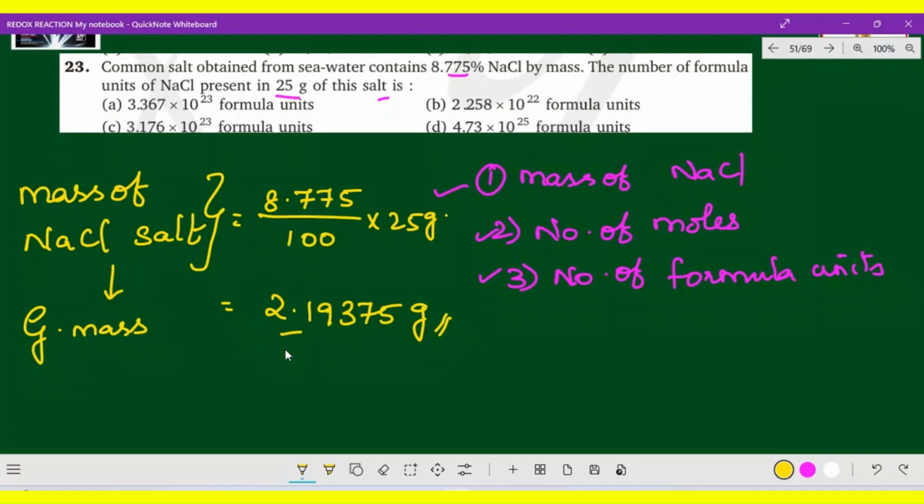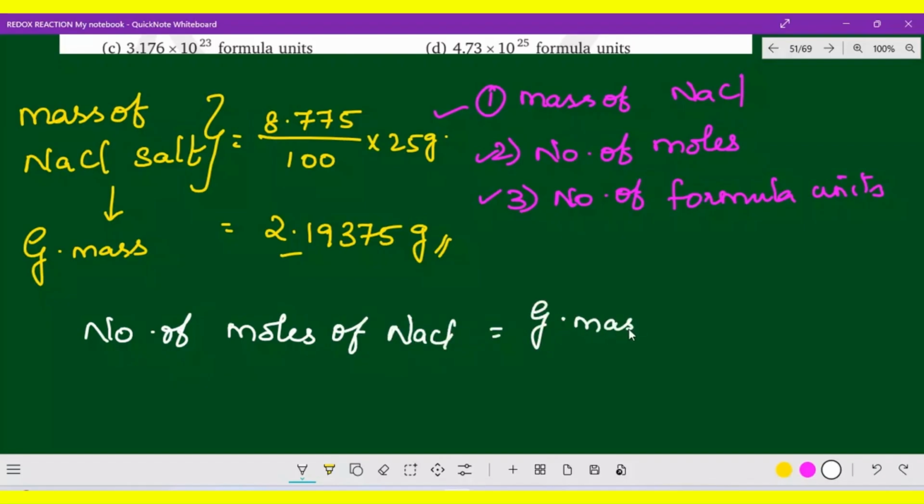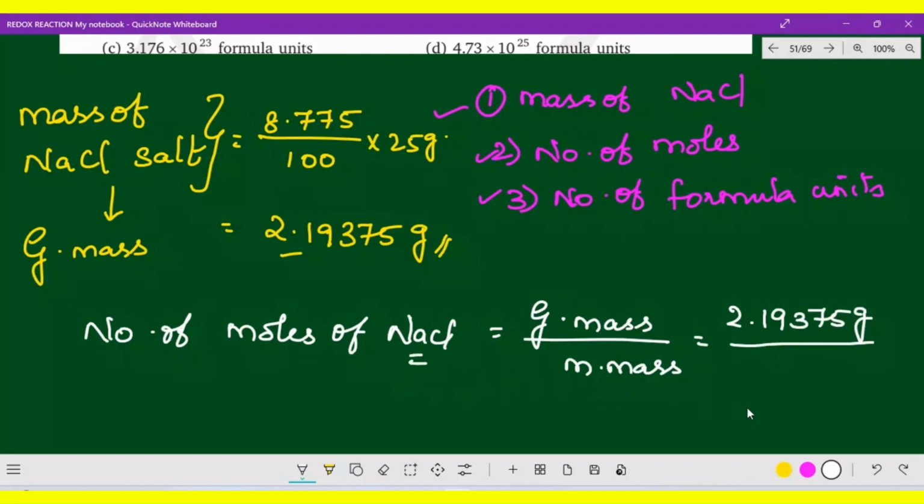Now, if you know the given mass, you are able to identify the number of moles. That's the second step, step by step. The number of moles of NaCl is given mass by molecular mass. The given mass is 2.19375 grams, and the molecular mass of sodium chloride is 58.5 gram per mole.